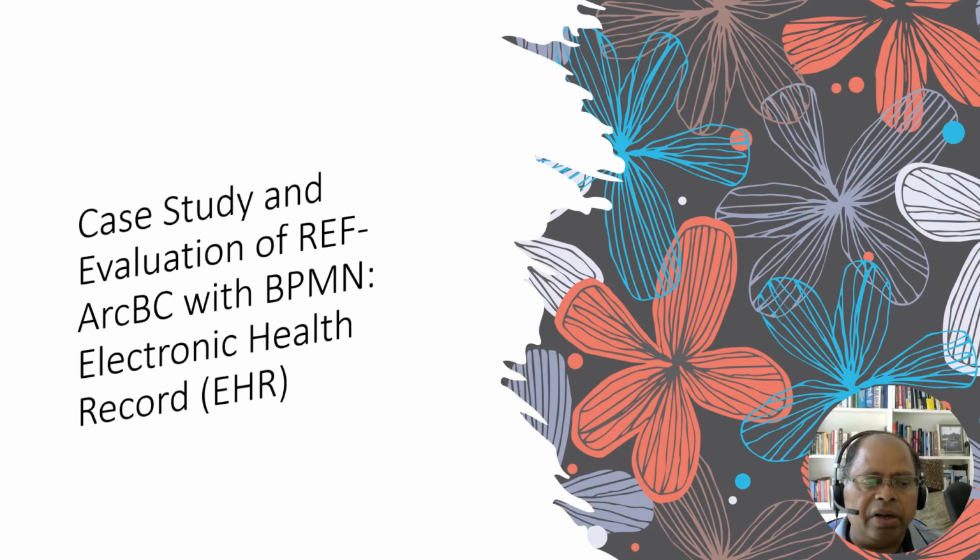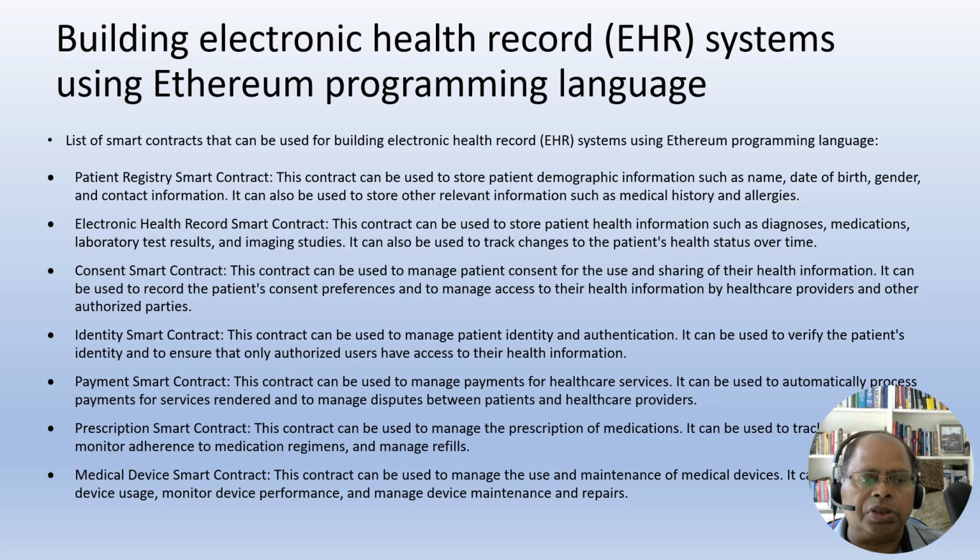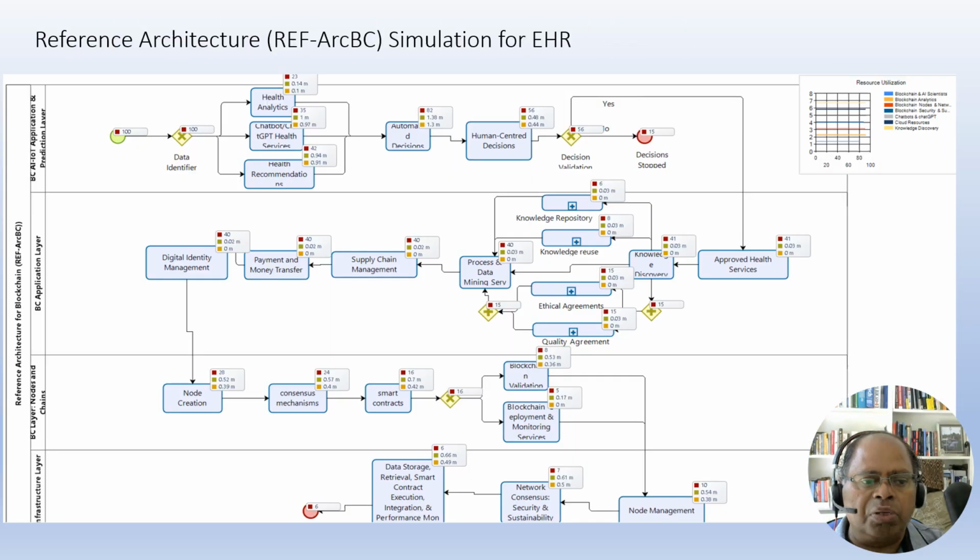Now we'll try and evaluate a simple electronic health record system. So these are a number of use cases: patient registry, electronic health record. You have a smart contract, payment service, prescription service, medical devices service. So this is where some of the services in the reference architecture come in. So I started to simulate 100 instances of real-time data requests to the EHR.